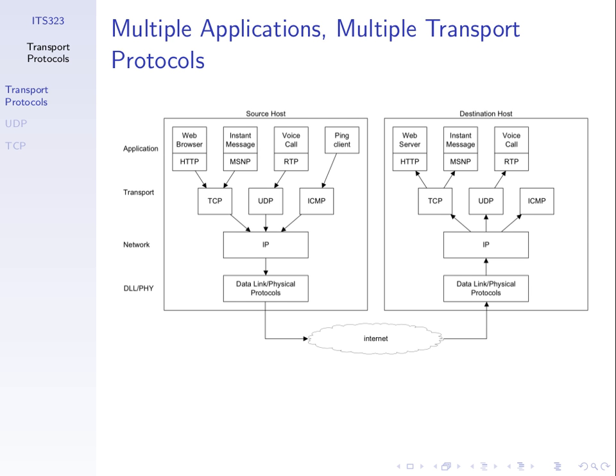The first 3, the IP addresses and the protocol number, are contained in the IP header. The port numbers are stored in the transport protocol header, e.g., the TCP header or the UDP header.